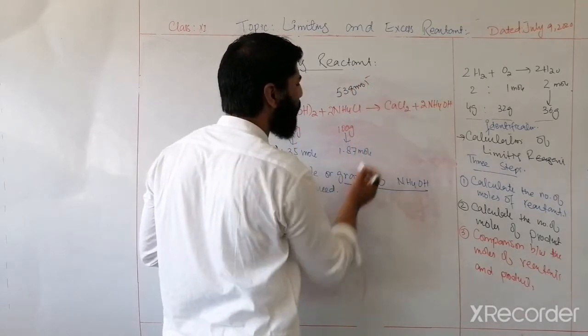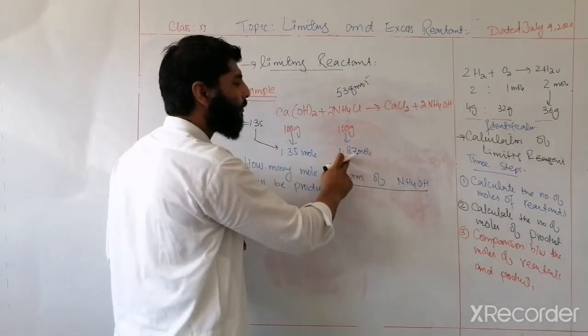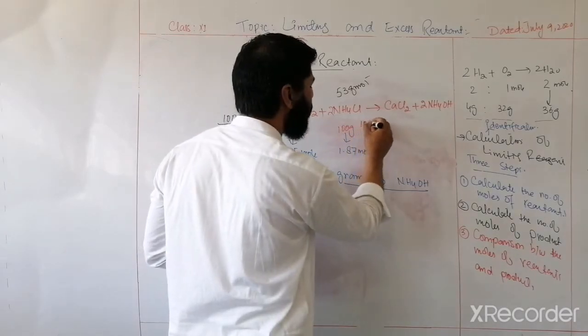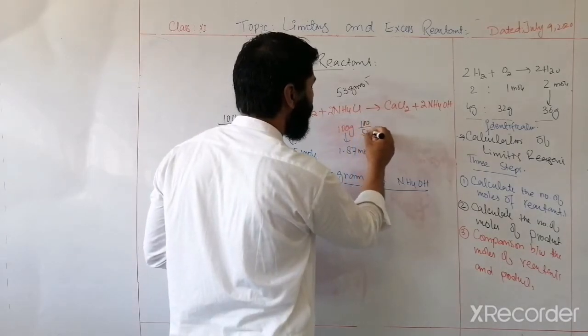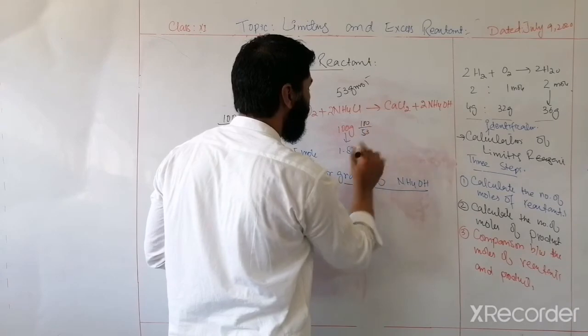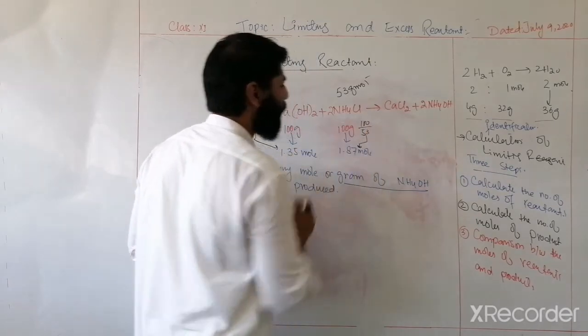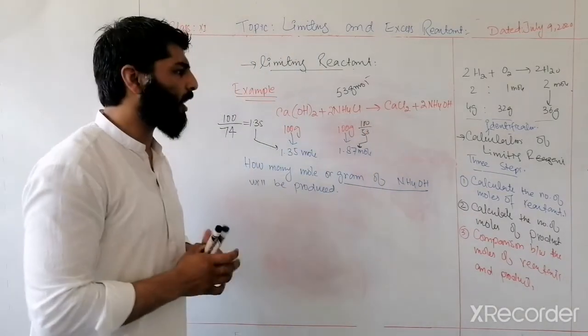Now divide 100 by 53, which will give 1.87 moles. So moles are given here.